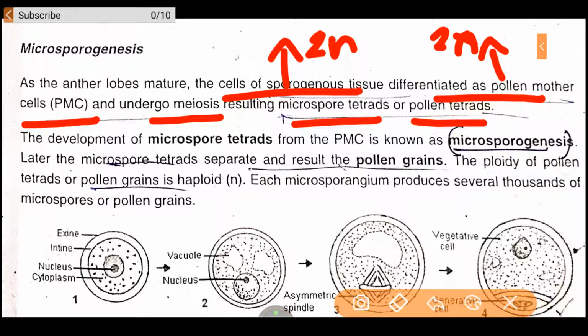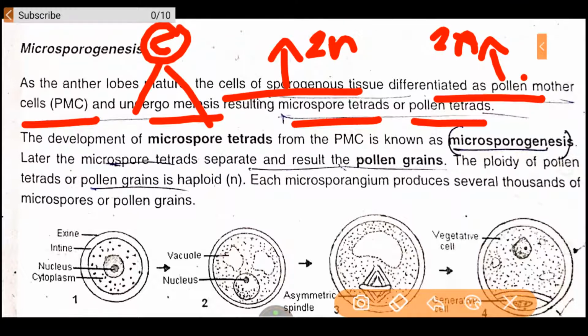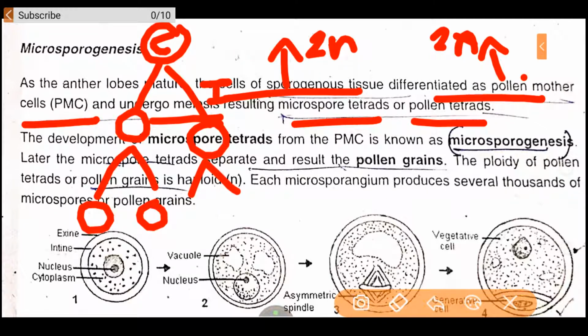You know that the sporogenous tissue first develops into PMC or MMC. That cell undergoes meiosis, meiotic first division and second division, so it forms four cells.